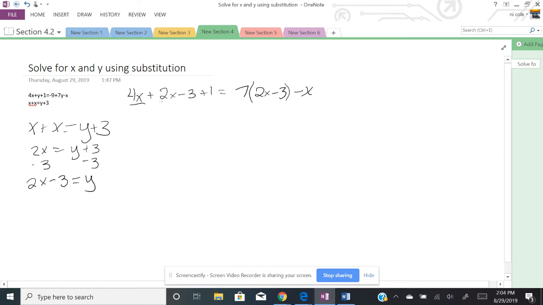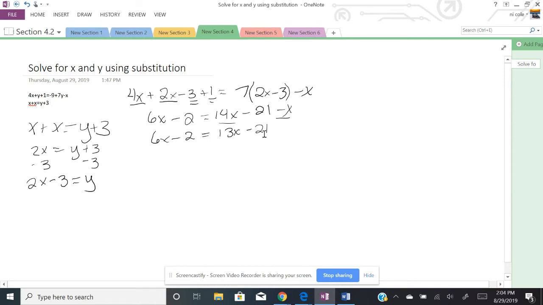So combine like terms. That gives you 6x minus 2 is equal to 7 times 2 gives you 14x minus 7 times 3 minus x. I'm going to combine these like terms. So that gives me 6x minus 2 is equal to 13x minus 21.